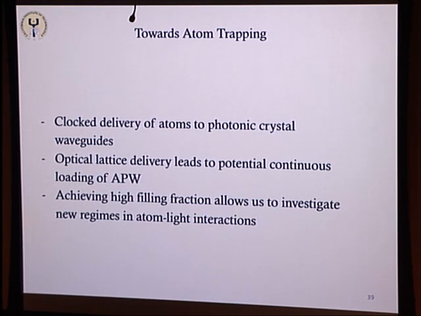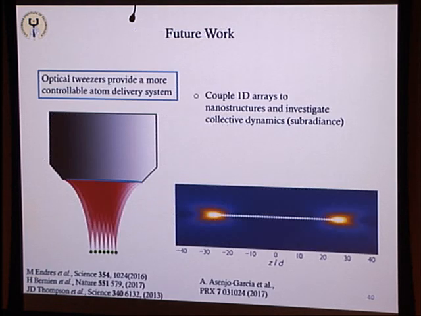In the remaining few minutes, I want to talk about something that I'm particularly interested in going forward for my own lab, and that's to utilize optical tweezers instead of this conveyor belt implementation.